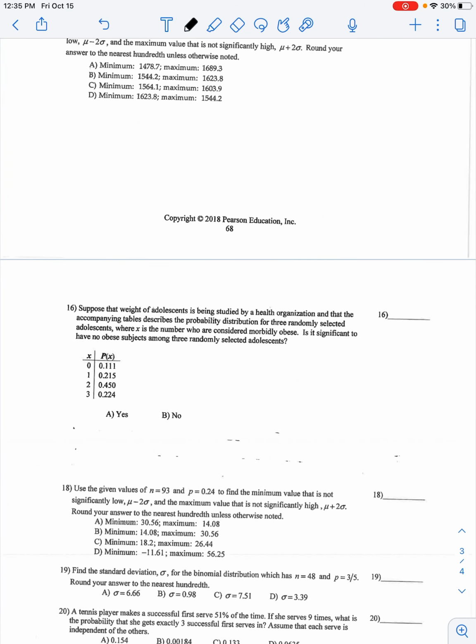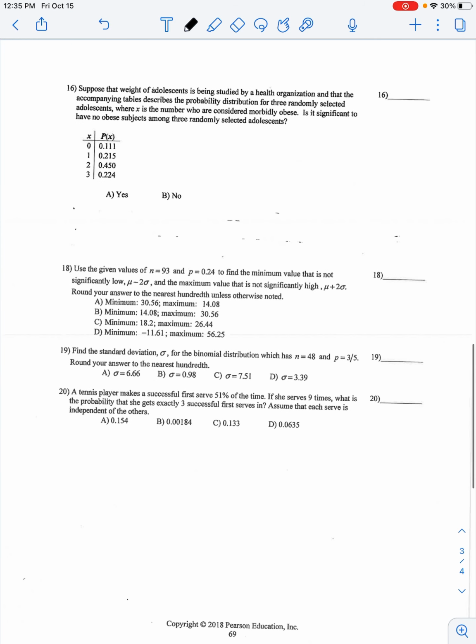Let's do the last one. A tennis player makes a successful first serve 51% of the time. If she serves 9 times, what is the probability that she gets exactly 3 successful first serves?